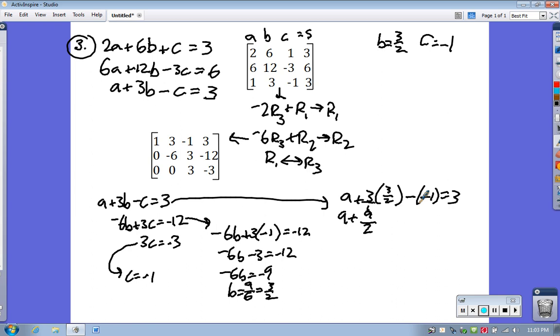Minus a minus 1 is plus 1. If I subtract 1 from both sides, this becomes a 2. Subtract 9/2 from both sides. Two is the same as 4/2. Negative 9/2 plus 4/2 is negative 5/2. So there's my A value.